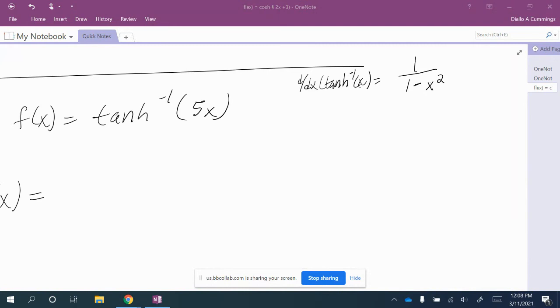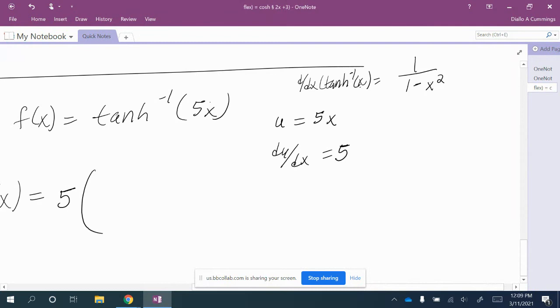So we have the derivative for u equal to 5x. So du dx is equal to 5. So I have 5.